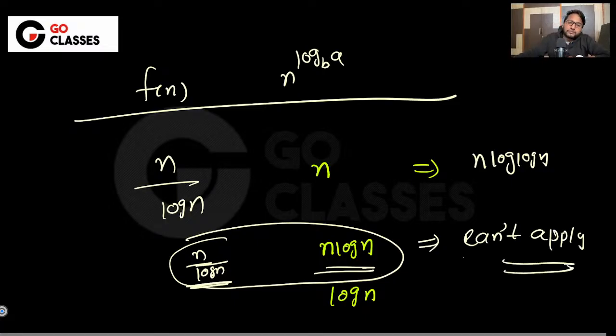Okay, is this correct? You can't apply, or is there something we can do? See, this function you can write as n log n divided by log squared n, isn't it? Right?